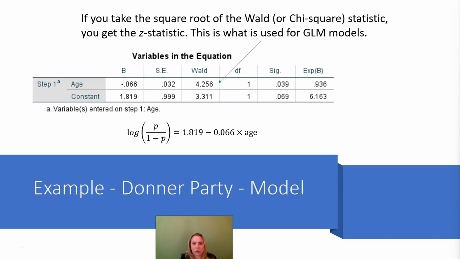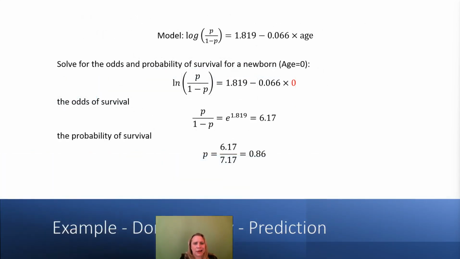We have the Wald or the chi-squared statistic in our table. That's going to be the square of your Z statistic. And looking at the variables in the equation portion of the output, we end up with our logit function being 1.819 minus 0.066 times the age. So you might start thinking, okay, how can I actually use this?